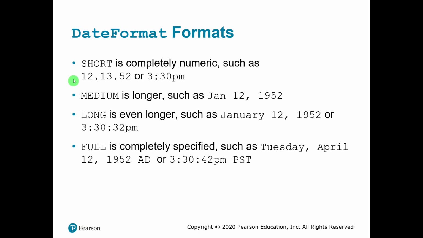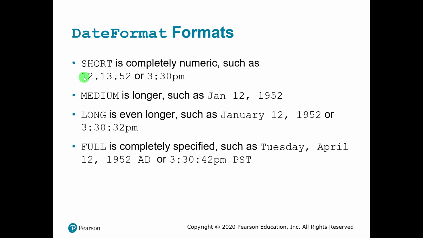Some things you need to know about date formats. Some of the built-in constants that can be used. Short displays dates the shortest way they possibly can for the locale. In this case, we're looking at English here, probably United States English.